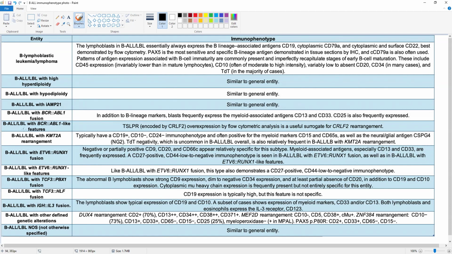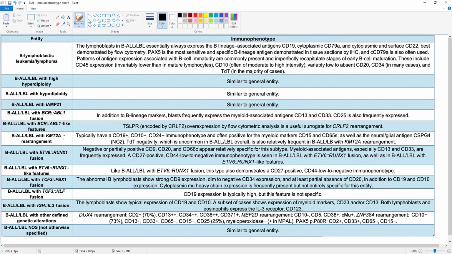As for B-lymphoblastic leukemia lymphoma with BCR-ABL1-like features, we do have CRLF2 overexpression by flow cytometry, and this is a surrogate marker for CRLF2 rearrangement that can be seen in B-lymphoblastic leukemia with BCR-ABL1-like features.